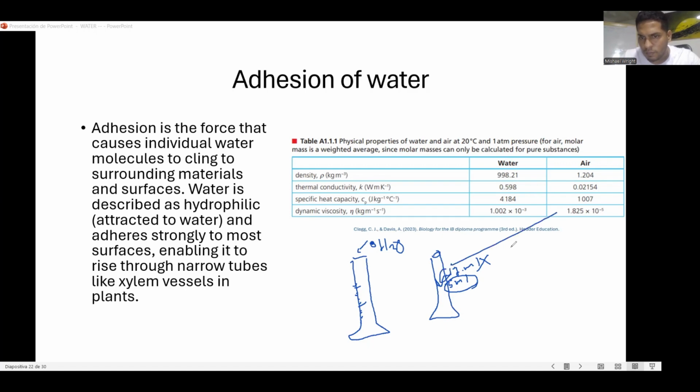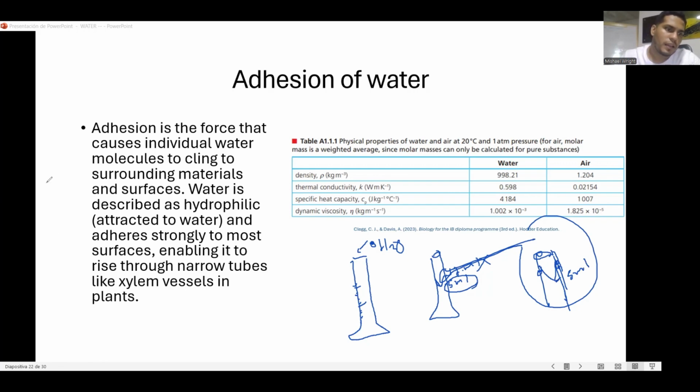Water molecules at this point are going to be adhered to the tube, okay? So they will be using their adhesion property, but the actual volume is going to be 5 milliliters, right? And that can happen with different things, right?